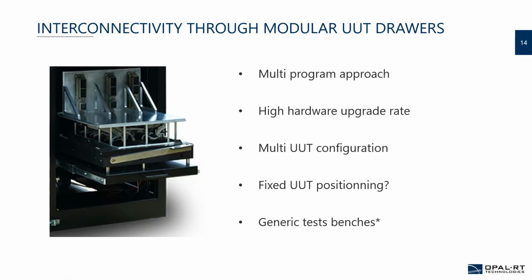Okay, we've seen in the previous slide a test bench that comprised only 1 cabinet. But the trend now is to design 2 cabinets. The first one will have the core of the simulation and a generic number of different types of IOs or subsystems.